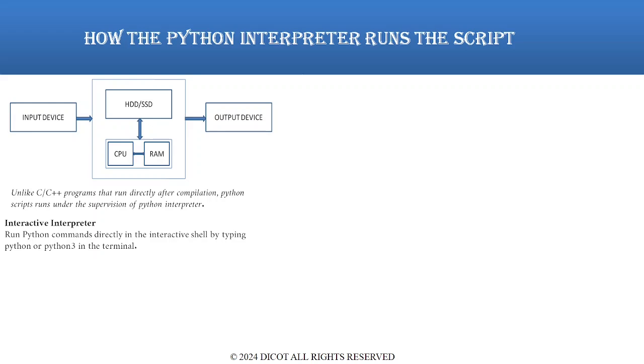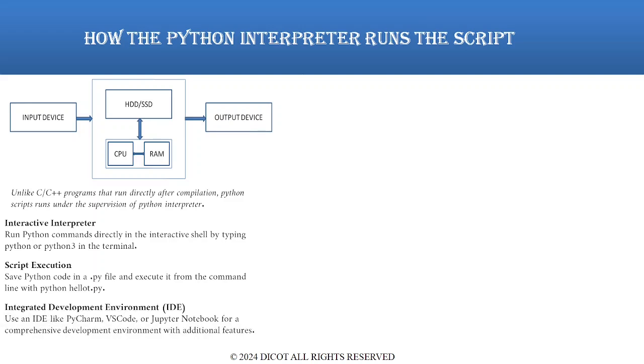Script execution: save Python code in a .py file and execute it from the command line with the command python3 followed by script.py. Integrated development environment, IDE: use an IDE like PyCharm, VS Code, or Jupyter Notebook for a comprehensive development environment with additional features.